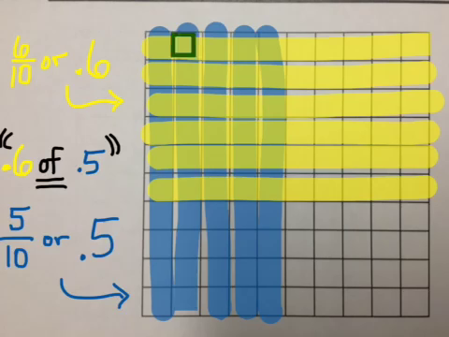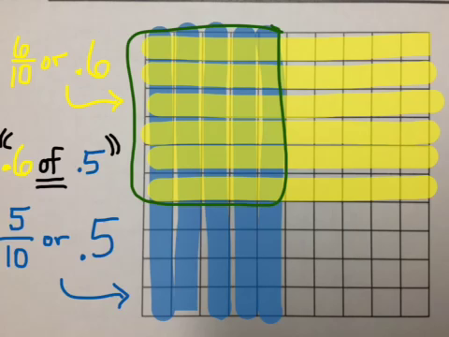So we've got 1, 2, 3, 4, 5, 6, 7, 8, 9, 10, 11, 12, 13, 14, 15, 16, 17, 18, 19, 20, 21, 22, 23, 24, 25, 26, 27, 28, 29, 30. Okay, so 30 of them. But 30 what? Well, 30 of these little squares. But what are each of these squares?